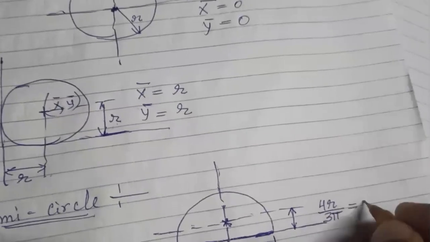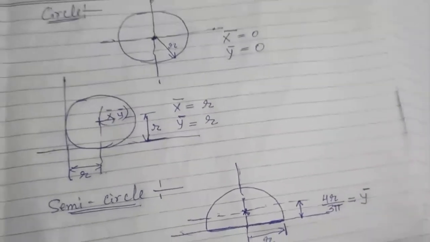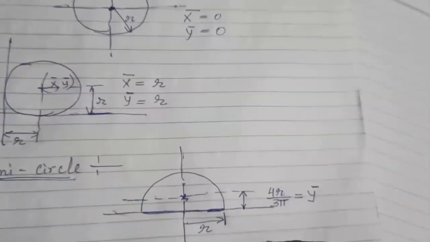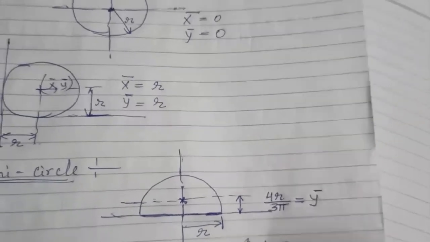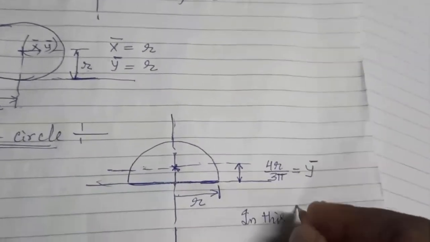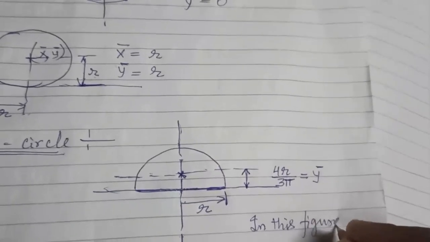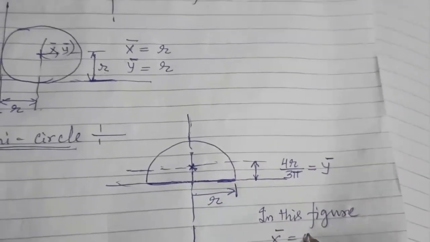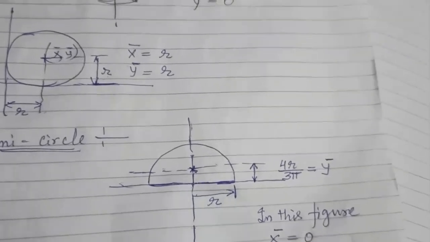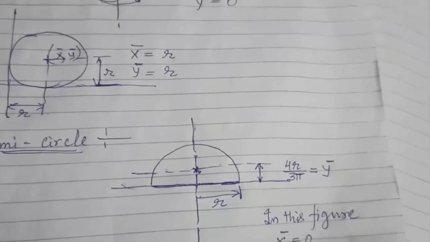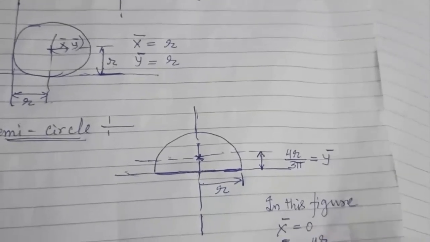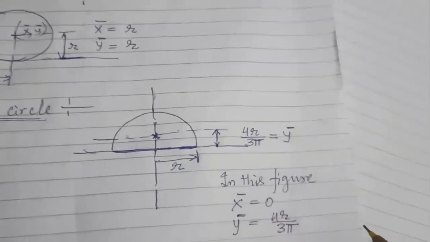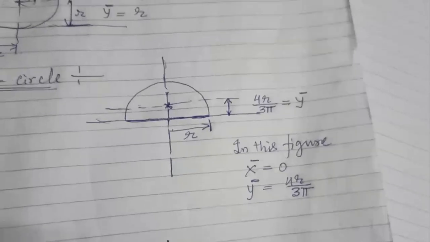This is y bar. So in this figure, x bar is 0 and y bar is 4r by 3 pi.